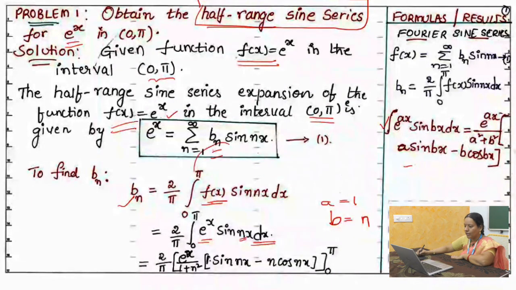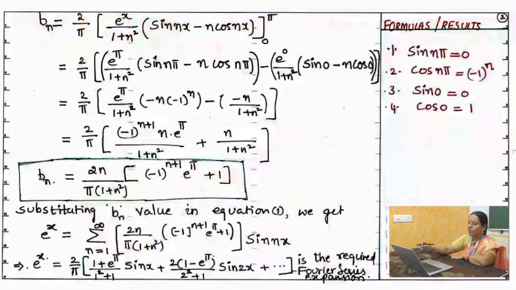You get this value: 2 by pi e power x by 1 square, nothing but 1, plus n square, brackets begin, 1 into sine nx minus n cos nx, applying the limits 0 to pi. Now substitute the limits.